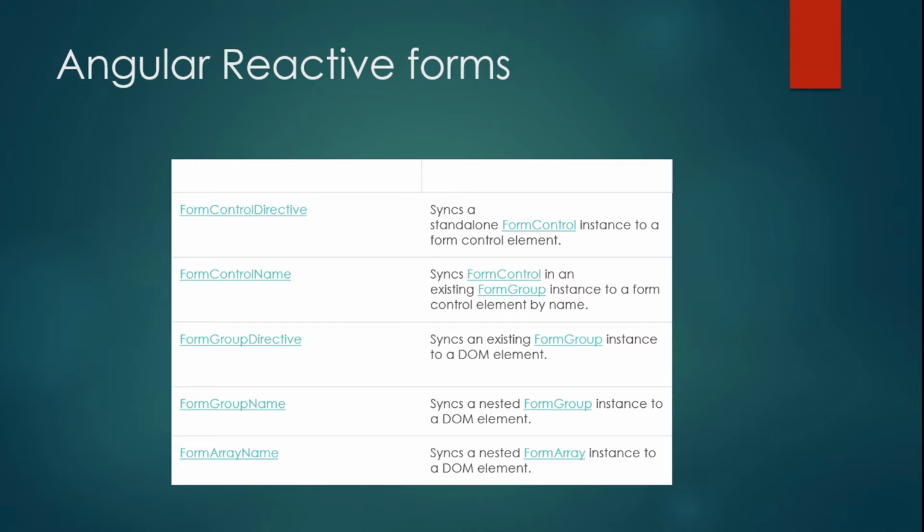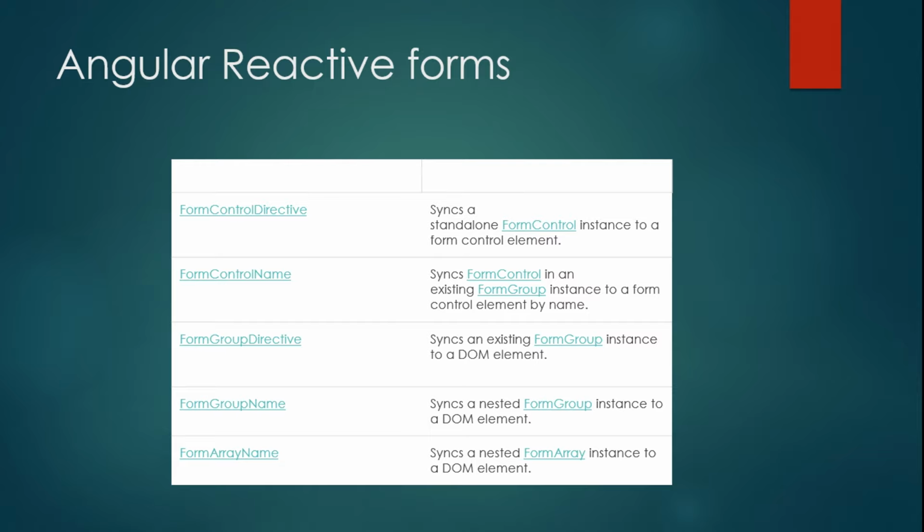The form group can have a nested group, and each group binds to the respective form group instance by the form group name directive. Form array name syncs the nested form array instance to the DOM element.